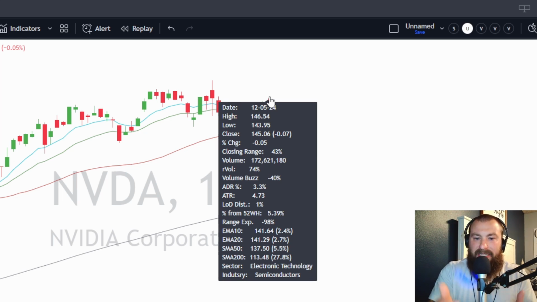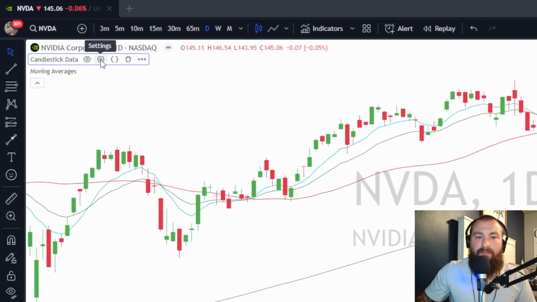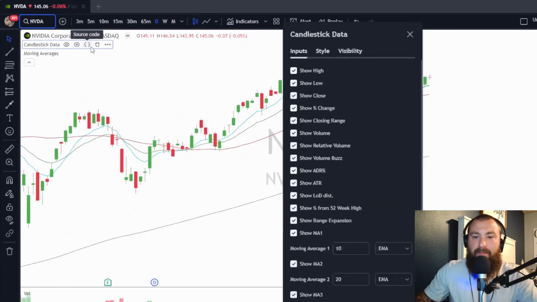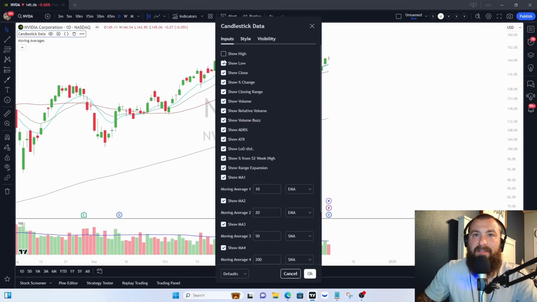It also shows things like the sector data and the industry data. If you don't need this information, you just go over to the settings tab and you can unselect anything that you don't want to see. If you don't care about volume buzz, you don't care about the ATR, you can deselect that.